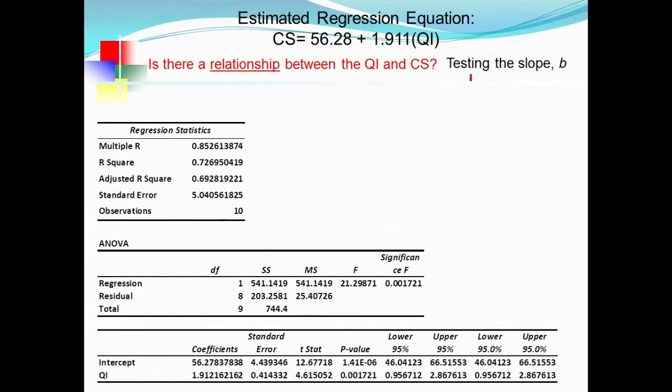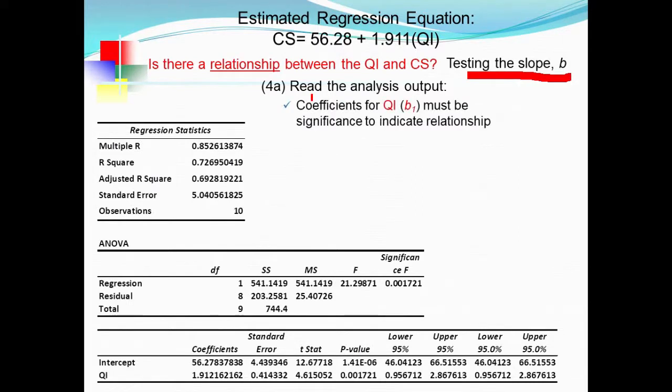Remember here, the major thing is that we want to test the slope, beta 1. So when we read the analysis output, the first thing we are looking for is the coefficient for quality inspection, which is referring to beta 1.